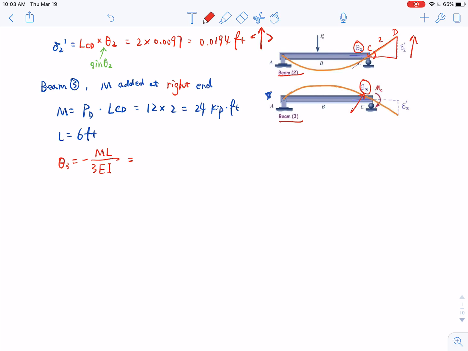This is negative 24 by 6 over 3 times 2200. Then you get a negative 0.0218 radian.